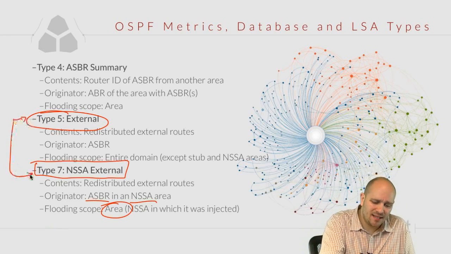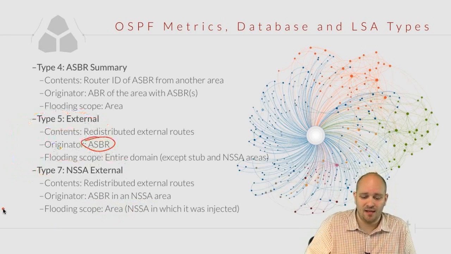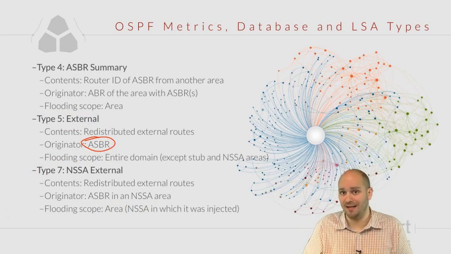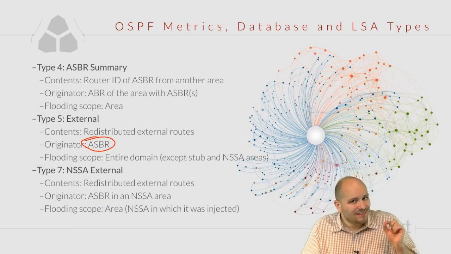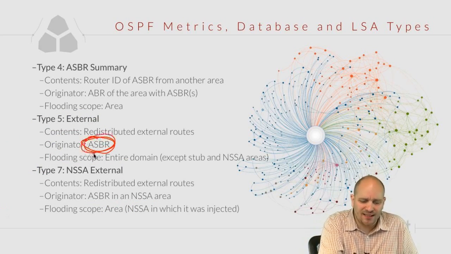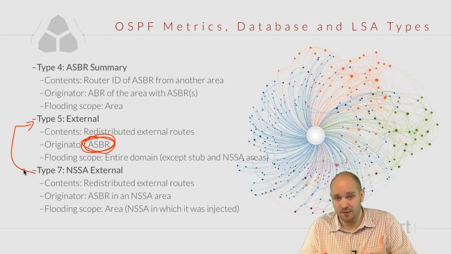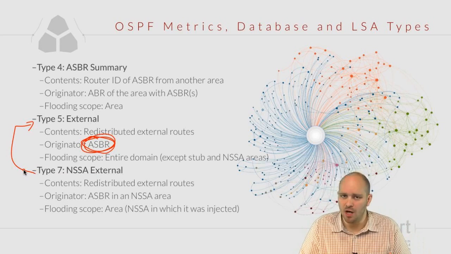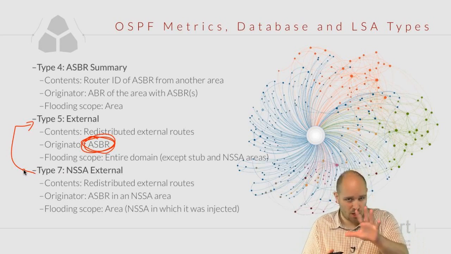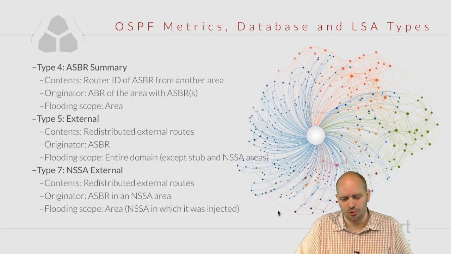Does this make the information here incorrect, that type 5 is generated by the ASBR, because I just told you that it can be generated by the ABR as well? Not so fast, because that router that translates type 7 to type 5 is technically speaking going to become an ASBR, but logically speaking we might perceive it as an ABR. This will become a little bit clearer in a short while.